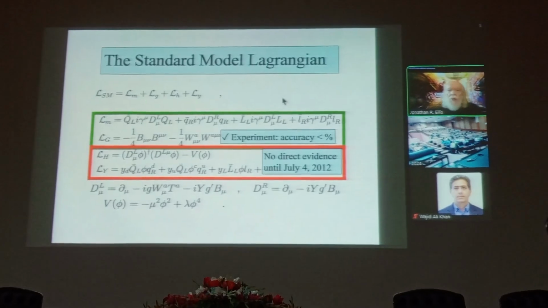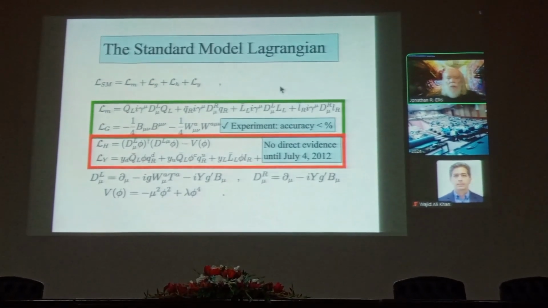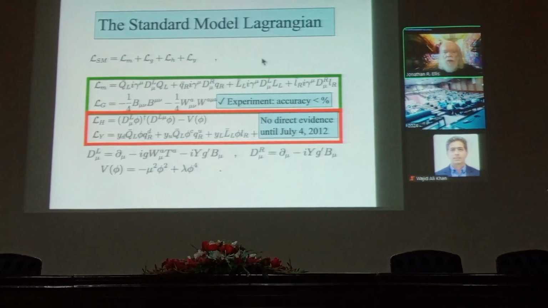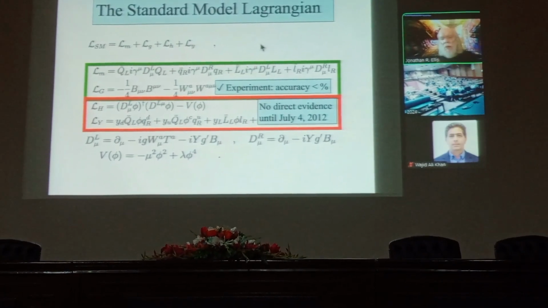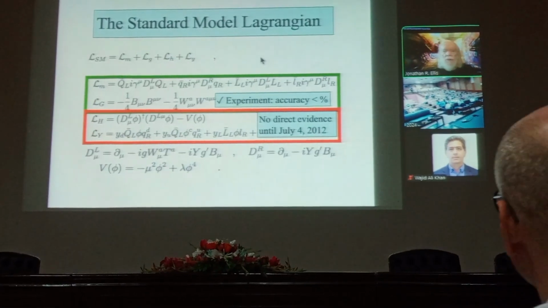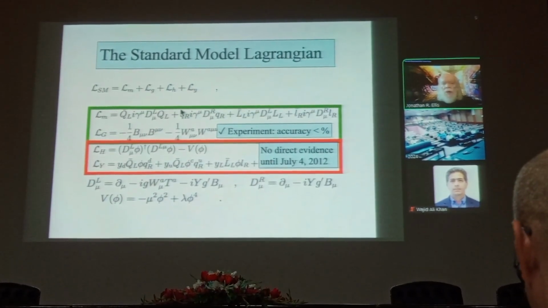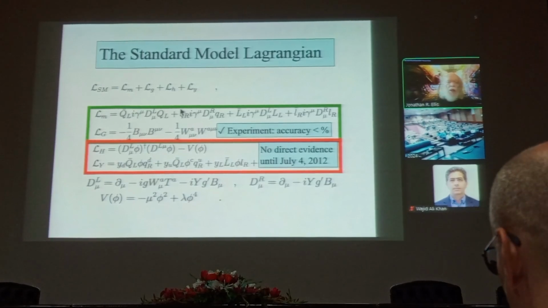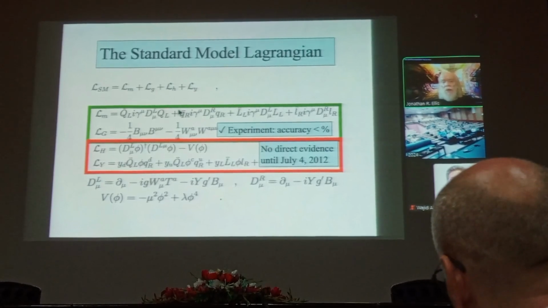But what I'd like to do now is to look a little more closely at the standard model Lagrangian, and discuss in more detail how the whole thing works. So in this green box here, we have the gauge interactions of the quarks and leptons.